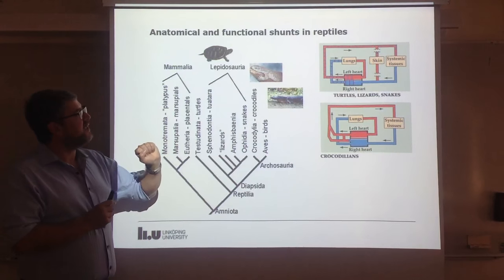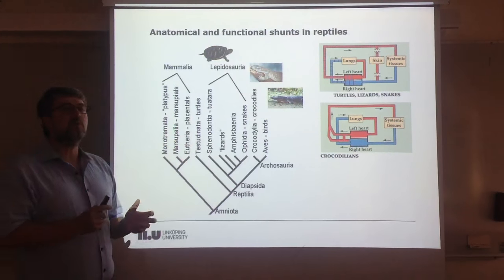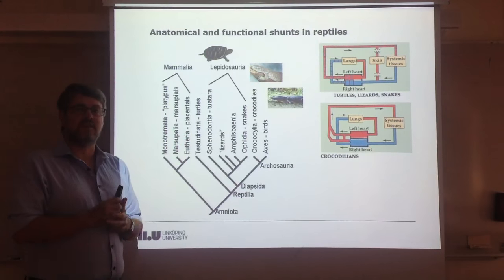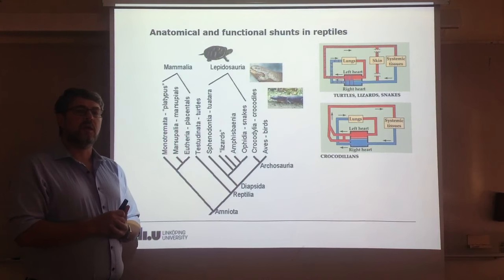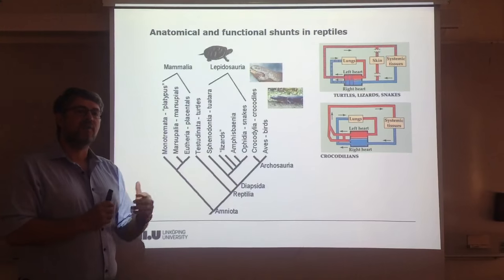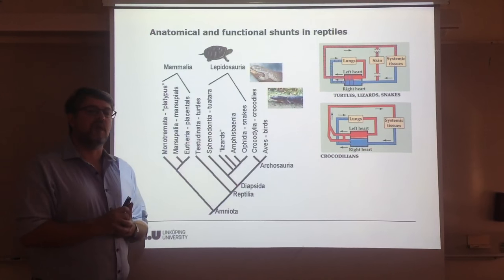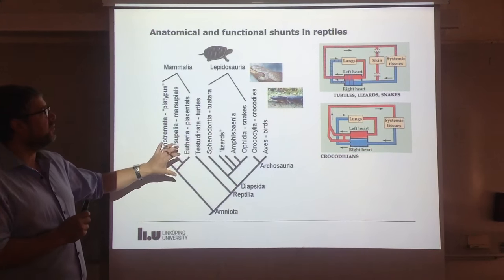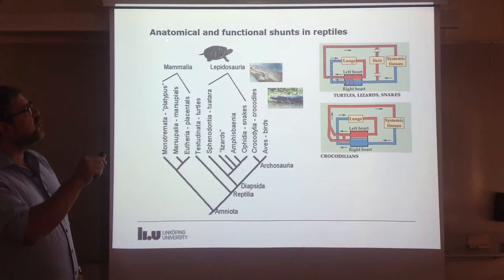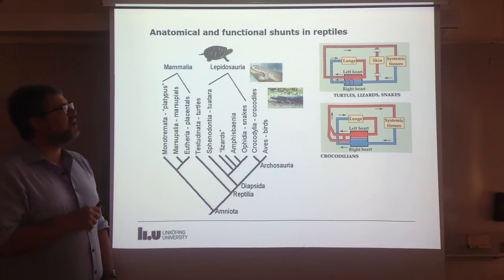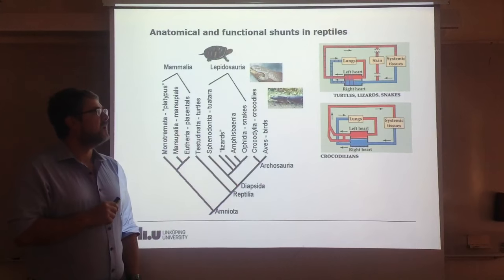A last slide that basically will prime you, hopefully, to watch the next mini-lecture, in which I will be talking about divided and non-divided reptilian hearts, is this. It has to do with the presence of anatomical and functional shunts in reptiles.